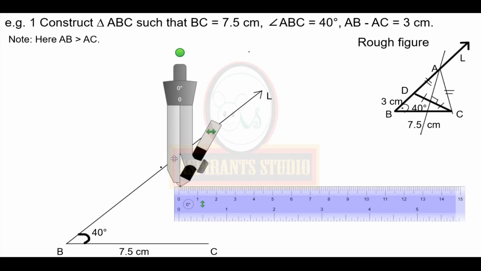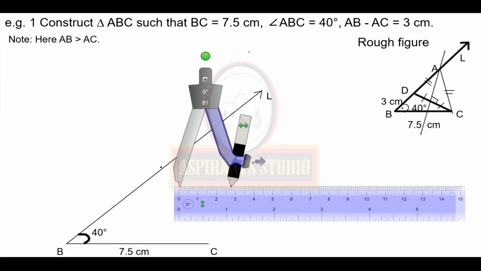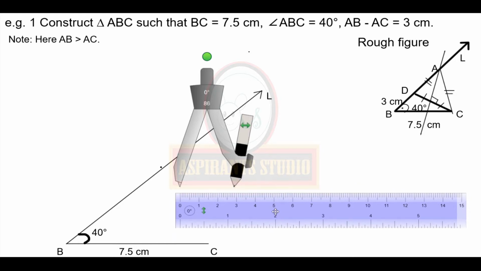Keep one end of the compass at B after taking 3 centimeters, and cut the ray now.